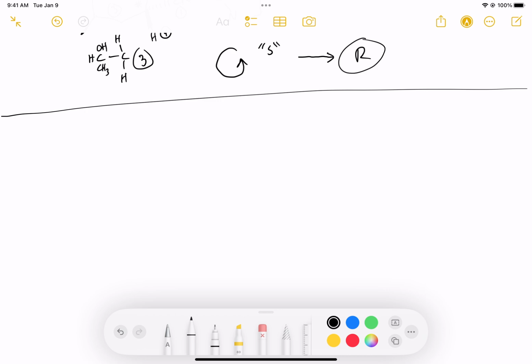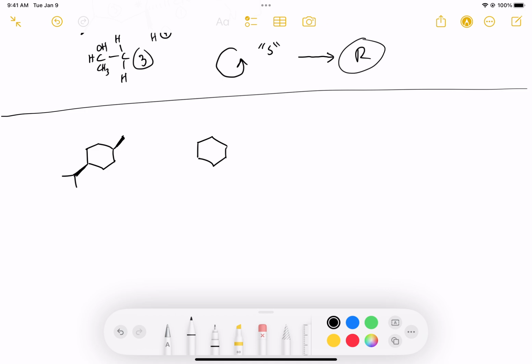So let's look at these rings here. Say we have some rings here. Let's just say we have a bunch of cyclohexanes, okay?